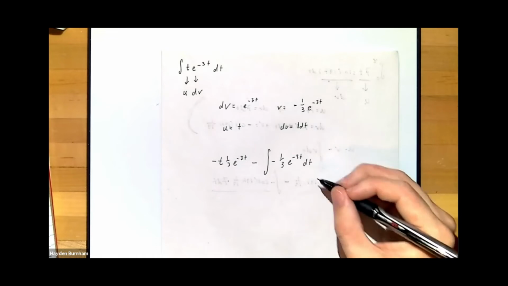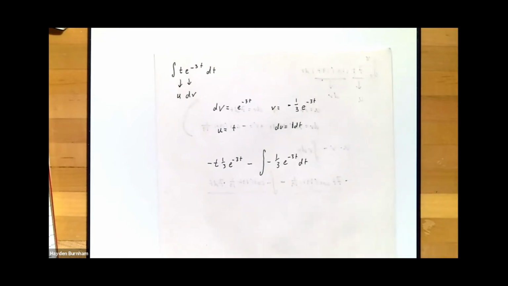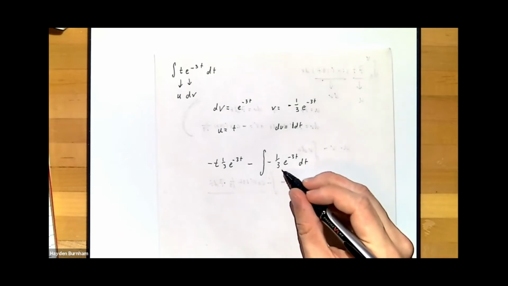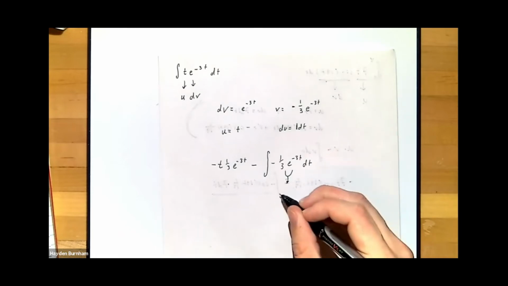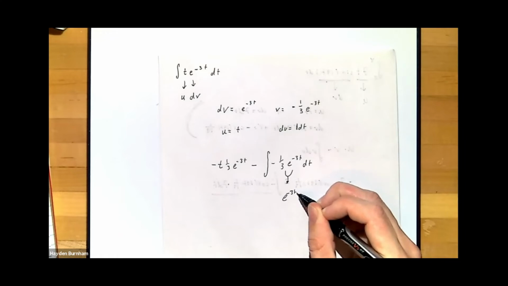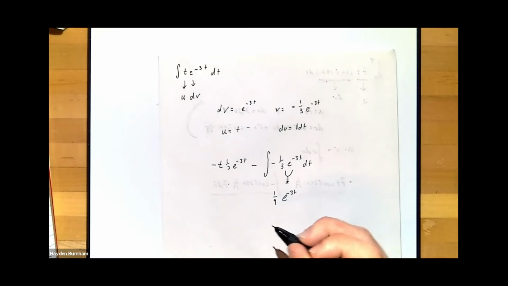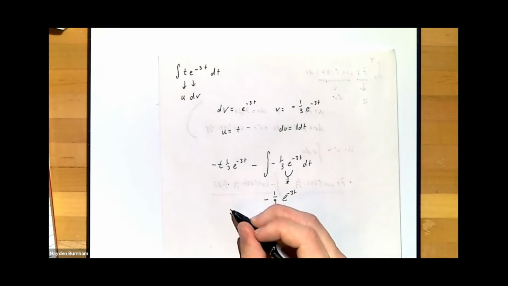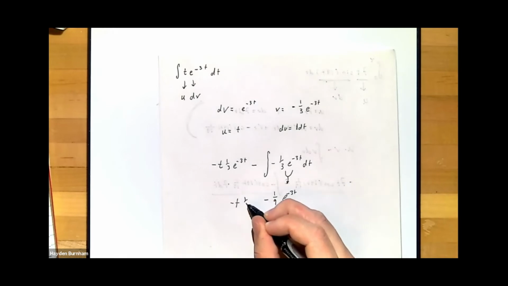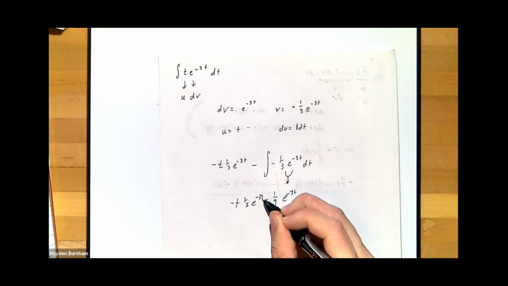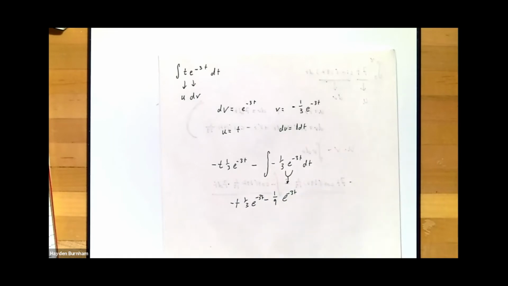But du is just 1, so I'll say it's the same. And then from there, this is much easier to take the integral of. This is just going to be e to negative 3t. Again, a negative 1/3, so that would be 1/9. So that's going to be negative t times 1/3 e to the negative 3t minus 1/9 e to the negative 3t.